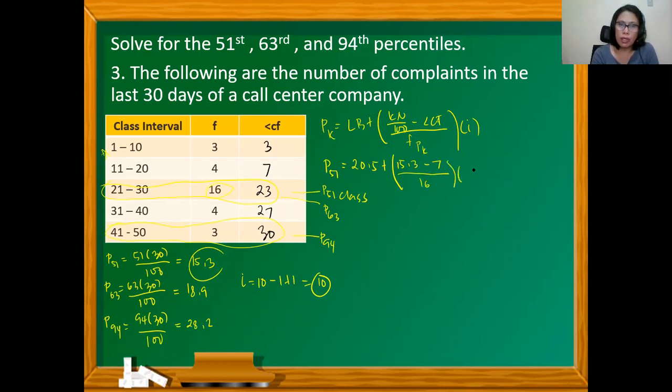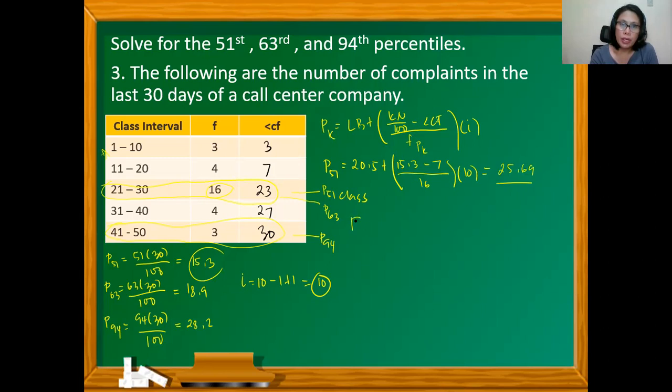And then we multiply this by the class size, which is 10. So we have 20.5 plus the product of the two: 15.3 less 7 all over 16, and then we multiply this by 10. So we got 25.69, rounded off to 2 decimal places.